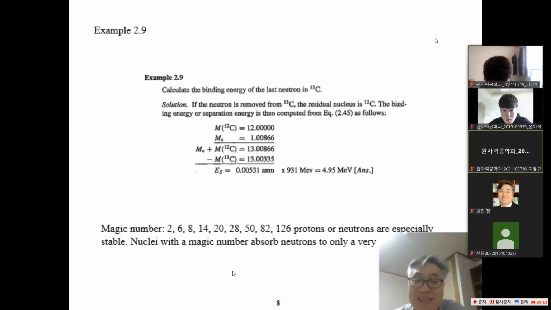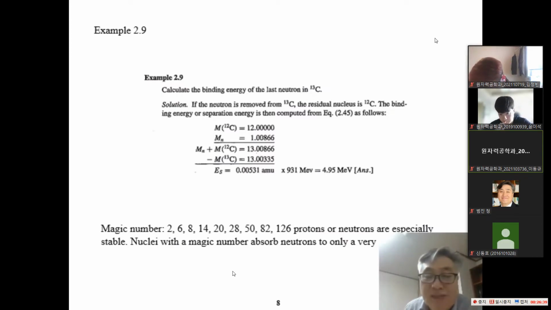So that is carbon-12 plus one neutron, and carbon-13 has a mass of 13.00335. That means the mass defect of these two is 0.00531.